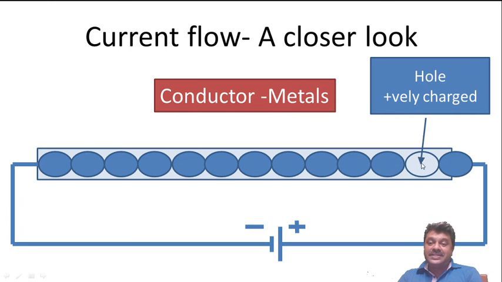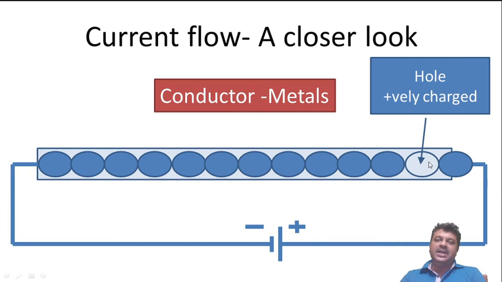Same analogy here. It was occupied by a negatively charged particle, but since it has moved out, this place has become more positive. So it's a hole, a vacant place, a vacancy. Technically we call it a hole, so it's right to call it a hole. That means it's a place for the next electron to come and sit.